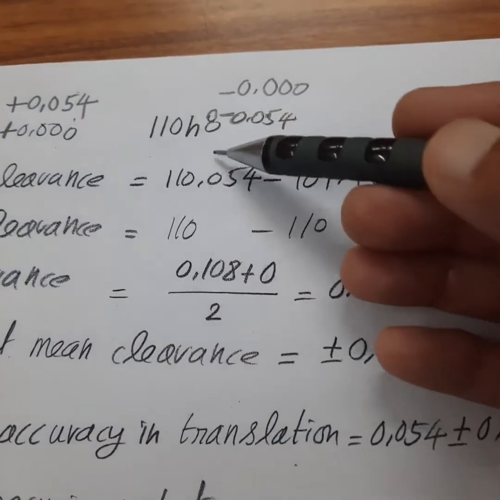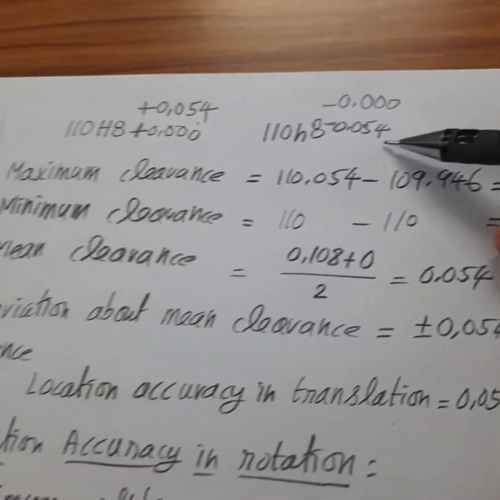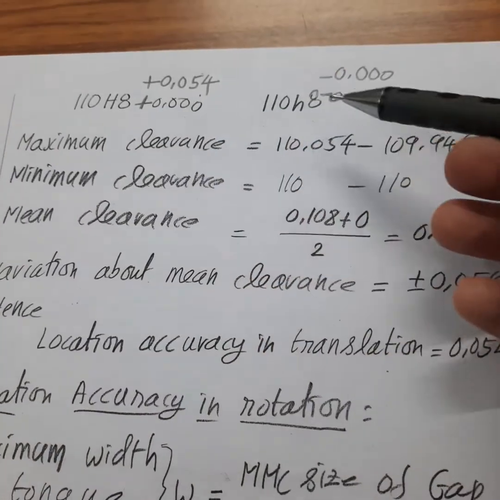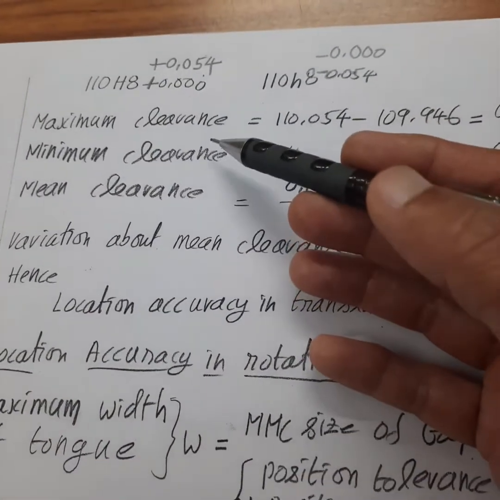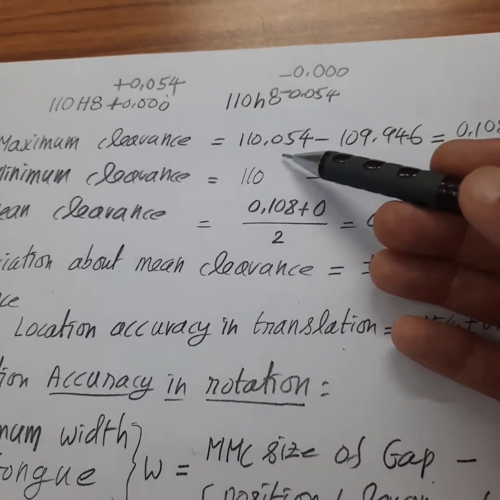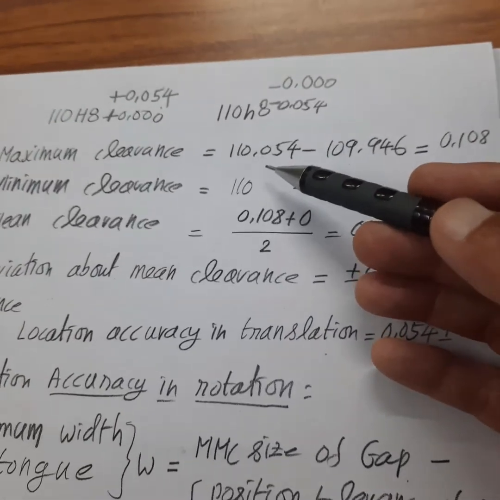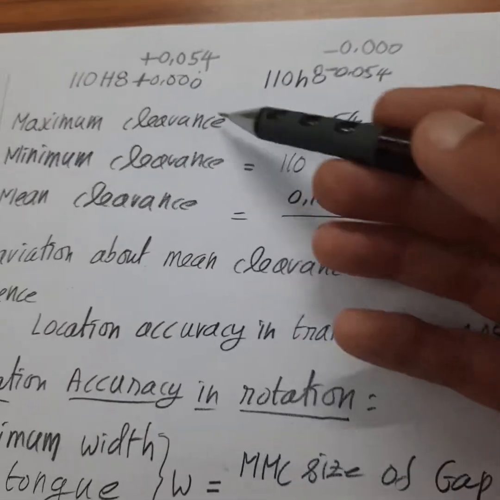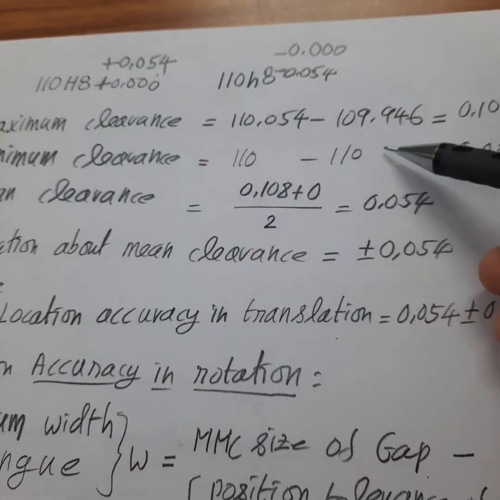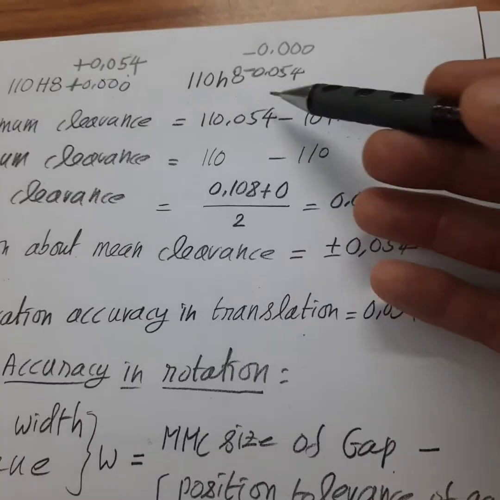The 110 h8 has a tolerance of minus 0.0, minus 0.54. When you assemble the spigot and recess, the maximum clearance occurs when you assemble the biggest hole with the smallest shaft. The biggest size of the recess is 110.054 as per this tolerance. The smallest size of the spigot is 109.946 as per this tolerance.